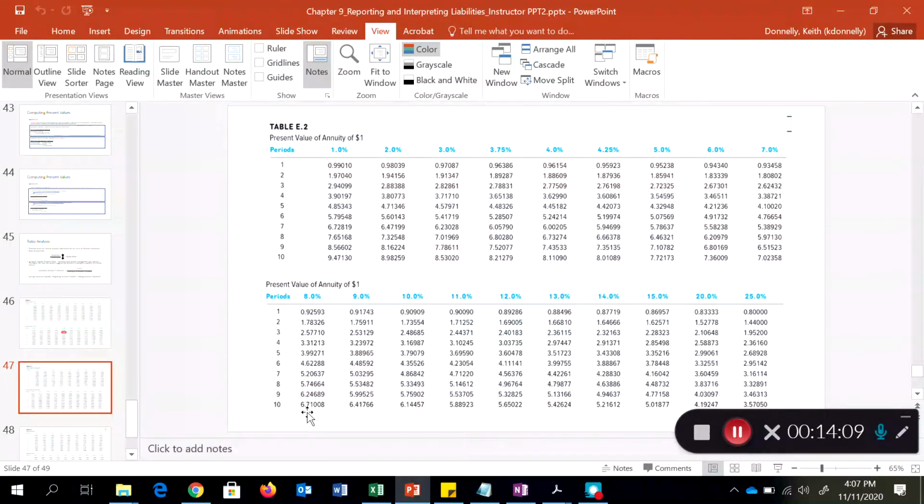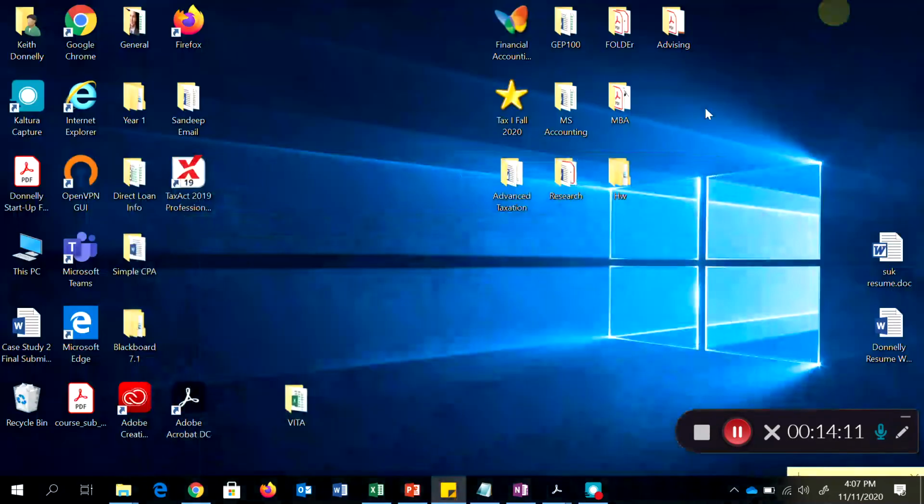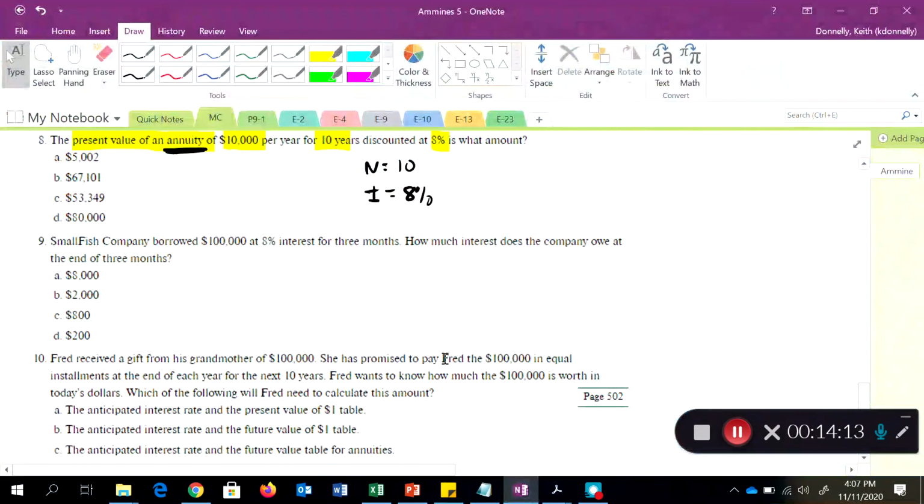So it looks like we're using this 6.71 present value factor. So what we're going to do here is we're going to say, okay, $10,000 times 6.71008, which we got from the table, equals 67,101. So that's going to be answer B.